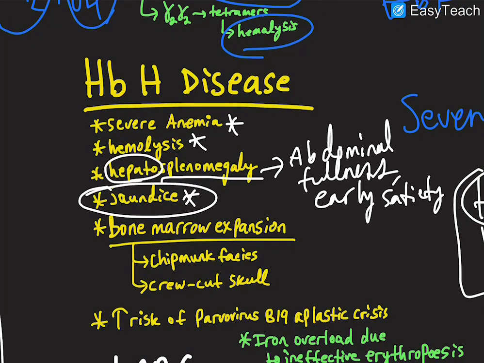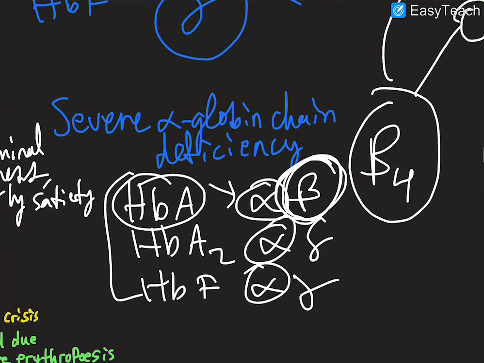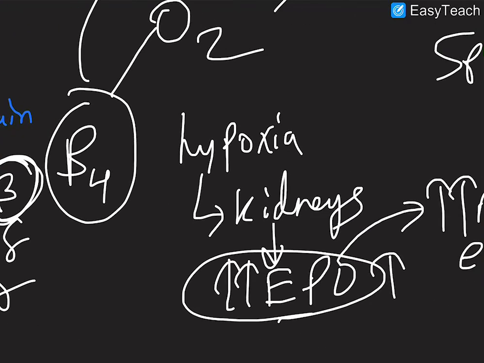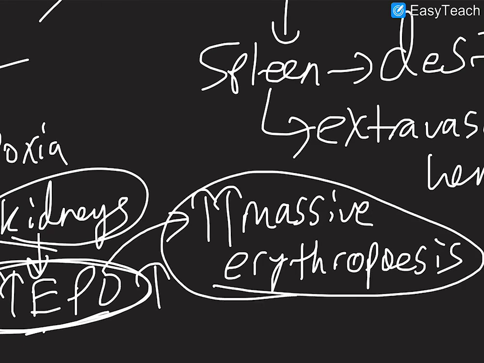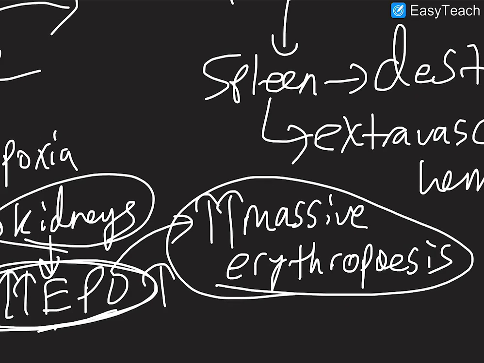All right, and we said we get bone marrow expansion. Remember, we mentioned that you have hypoxia, which stimulates your kidneys to release a lot of erythropoietin, which goes to your bone marrow, and you get massive bone marrow hyperplasia. And also, your liver starts trying to do hematopoiesis, because you have excessive red blood cell destruction, and on top of that, red blood cell precursors that are also dying in your bone marrow because of the abnormal hemoglobin formation.